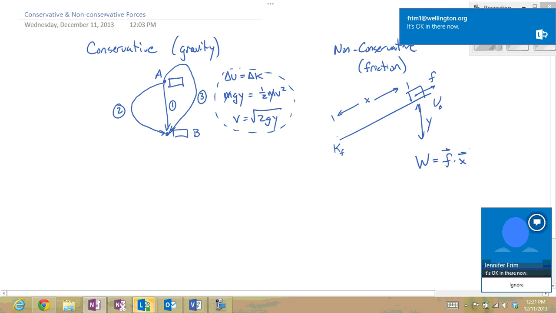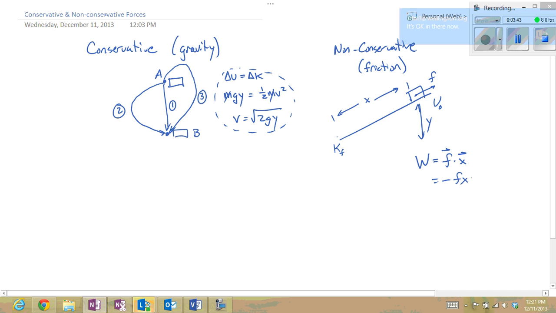You'll notice that F and x point in opposite directions, which means this dot product is going to be negative Fx, because the angle between F and x is 180 degrees. Therefore, the cosine of that angle is negative 1.